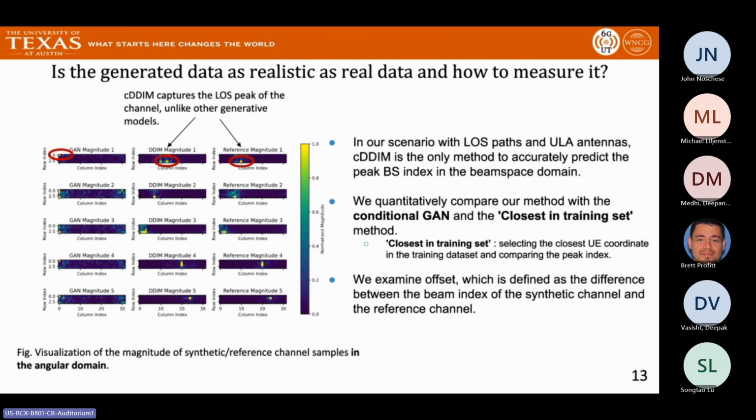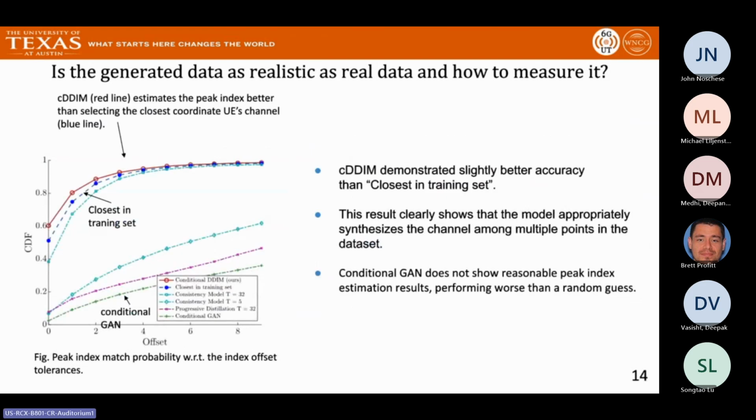We also quantitatively compare our method with the channels obtained by choosing the closest UE in the training data set. We found that even when we choose the channel that is the closest in the training data set, we cannot beat the case when we use the diffusion model.